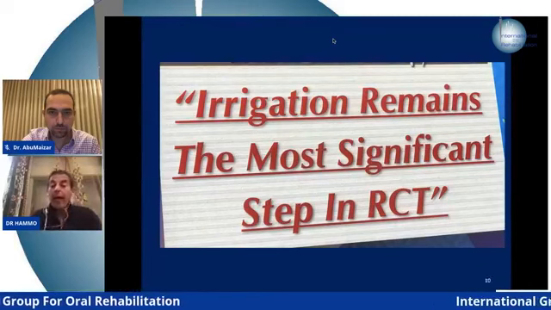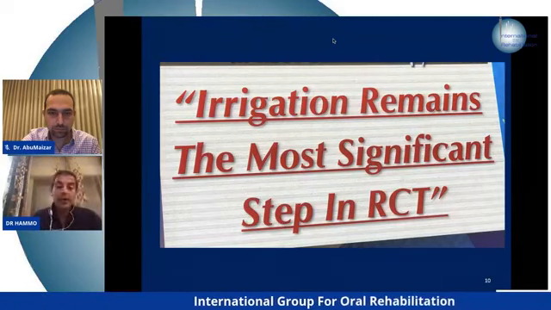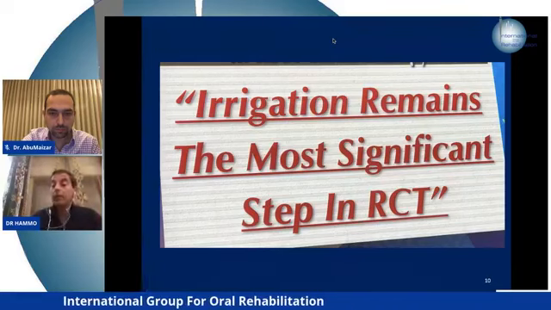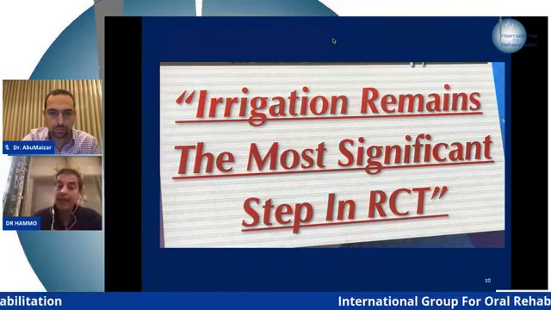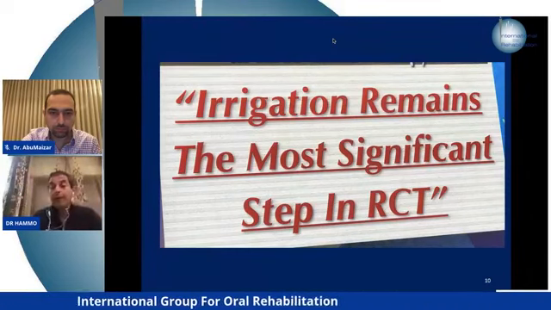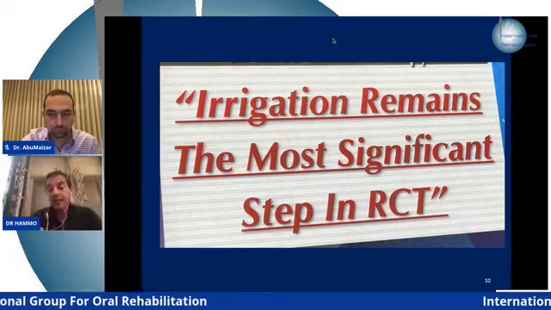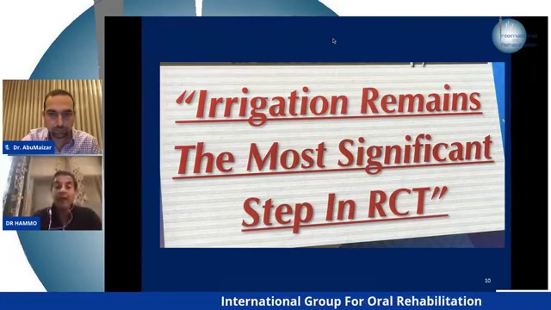So we have to believe irrigation remains the most significant step in endodontics. We have to spend more time and take care of irrigation. The problem nowadays is that we can prepare a central incisor by mechanical or rotary instrumentation within 3 to 5 minutes.